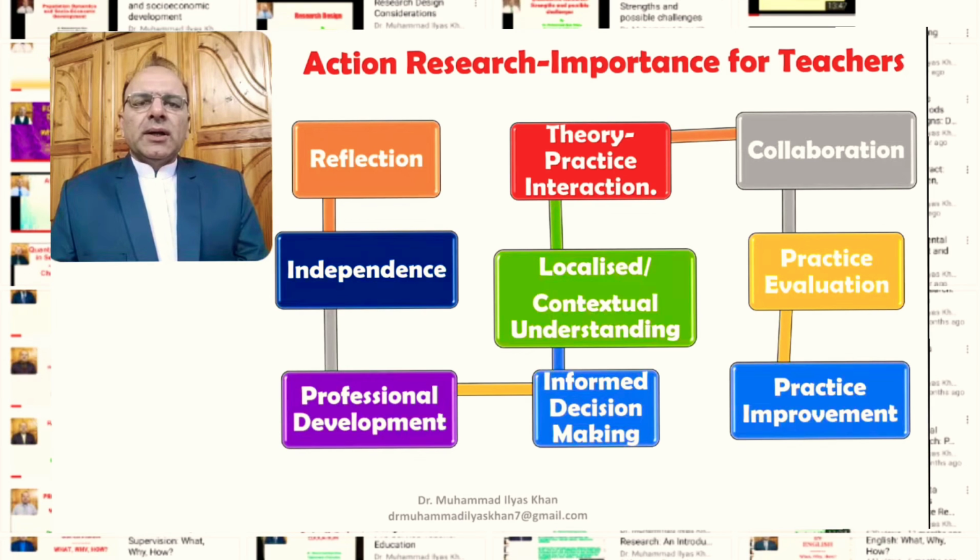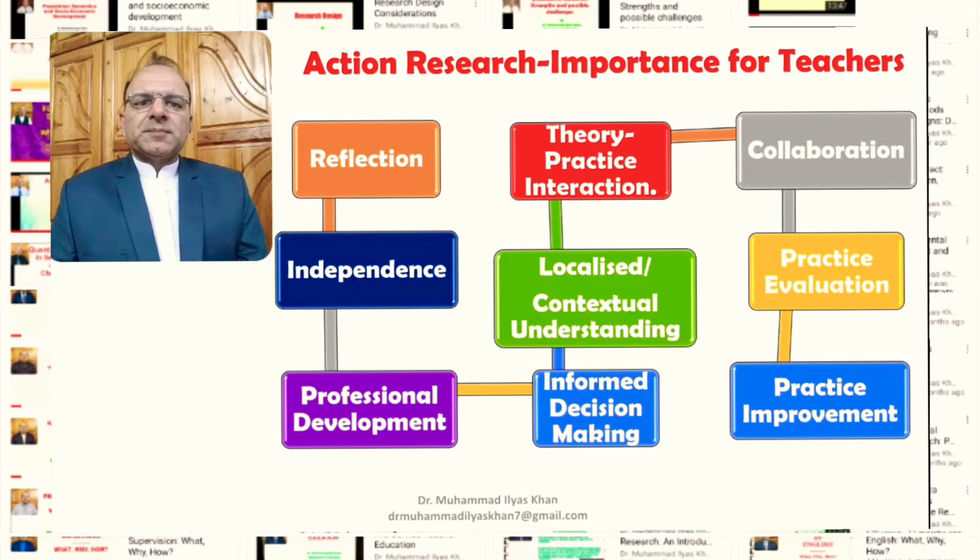But action research actually helps practitioners, including teachers, to become independent in terms of coming up with their own practical theories, or theories that they can develop during their practice and then implement. So as a result, they become more independent in terms of trying to understand and find solutions to the problems that they face during their teaching learning roles.